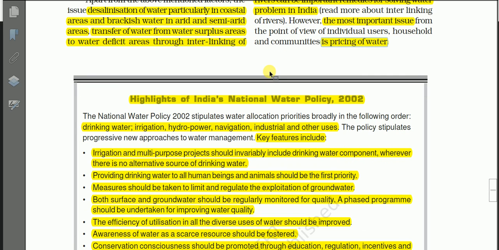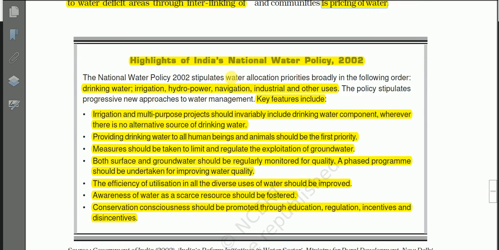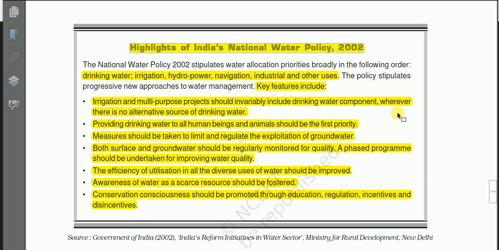After rainwater harvesting, we have some important topics like the highlights of India's National Water Policy 2002. This is very important for the board exam. Sometimes the key features are asked. Let us read.